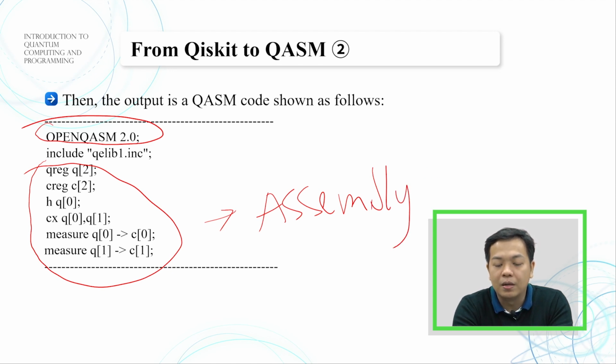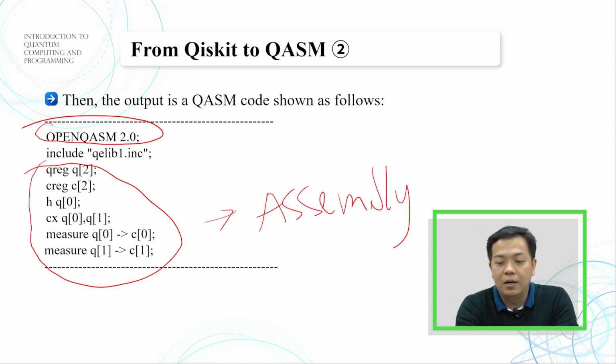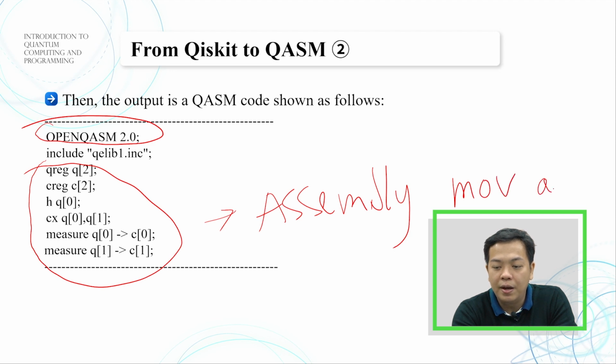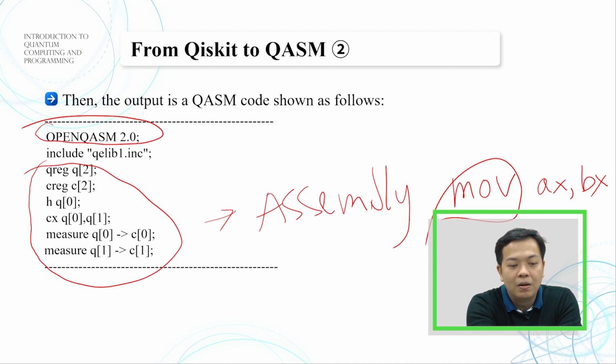Actually, if you remember assembly, I'm not sure whether you learned it in high school or university, we have something like MOV AX, BX, right? So in quantum, you use something similar, but you do not need to have this kind of operation. You can assign the value, and you can initialize something like this.